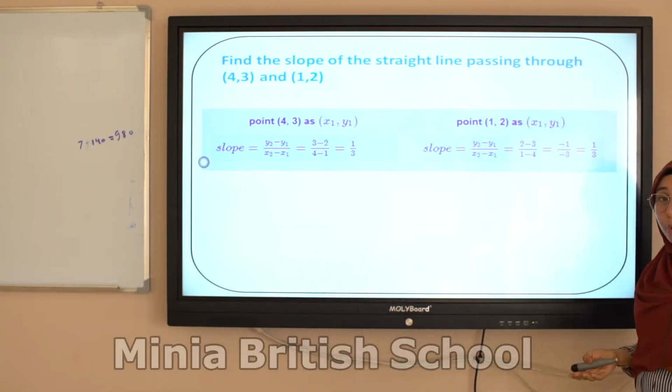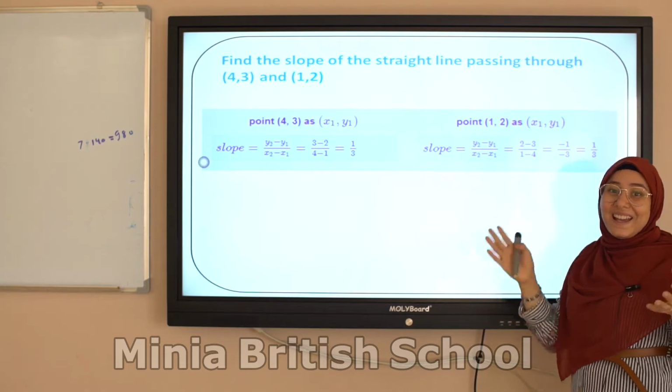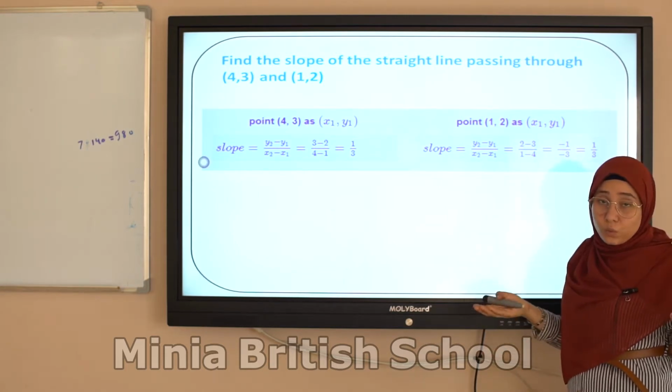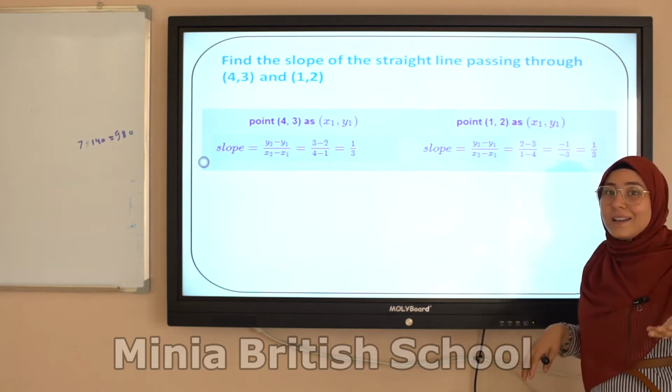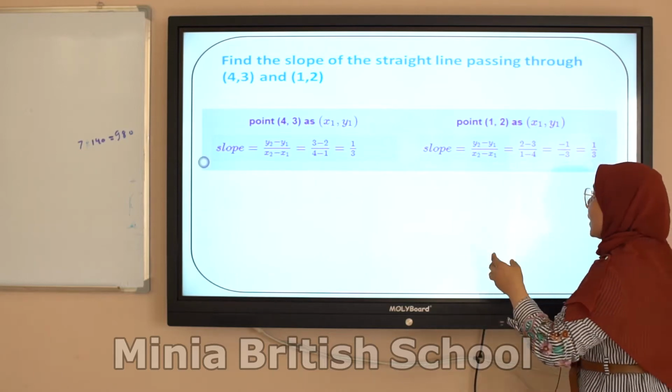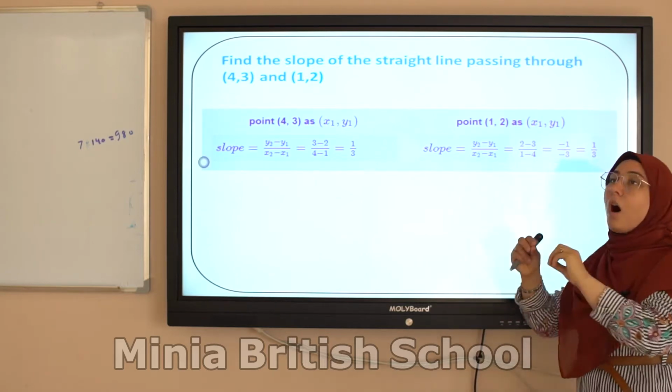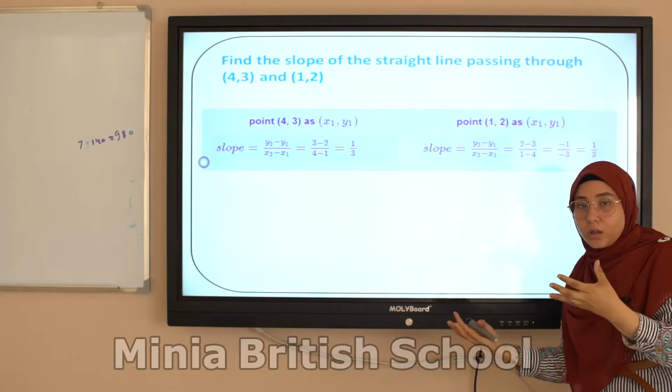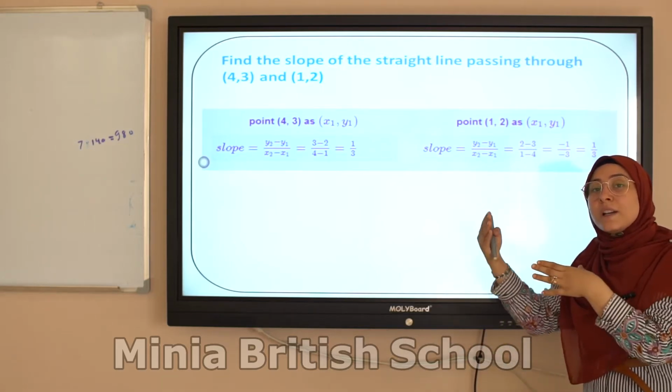But okay, Miss Sarah, if I start with point 1, 2 as x1, y1, I have the same answer because the slope equals y2 minus y1 over x2 minus x1.